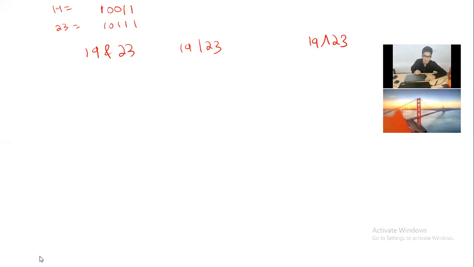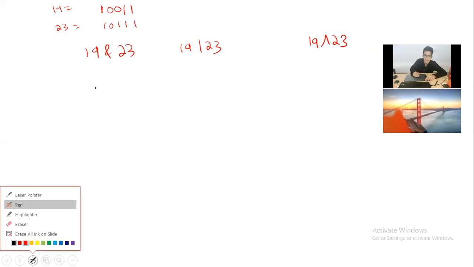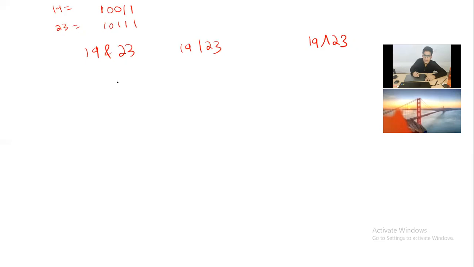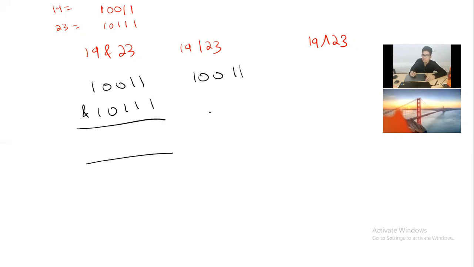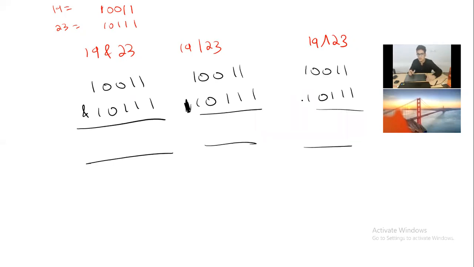Let me change the color. 10011 and 10111, between them I have to do the AND operator. Here let me write 10011 and 10111, between them I have to do the OR operator. And 10011 and 10111, between them I have to do the XOR operator.